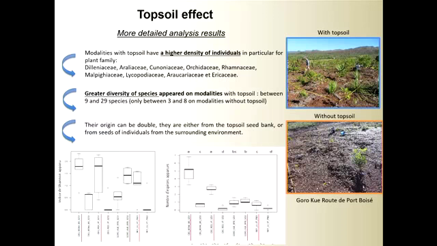In particular, higher density of individuals belonging to the following list of plant families, that I will not develop too long. They also present a greater diversity of species that appear on the zones. These species can either come from the topsoil seed bank and also from seeds of individuals from the surrounding environment.